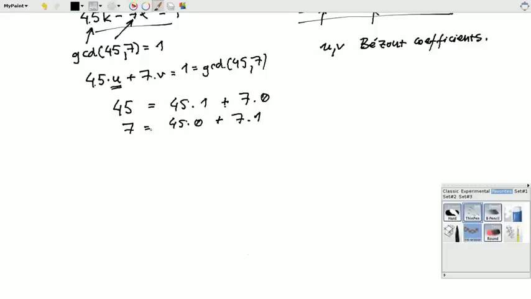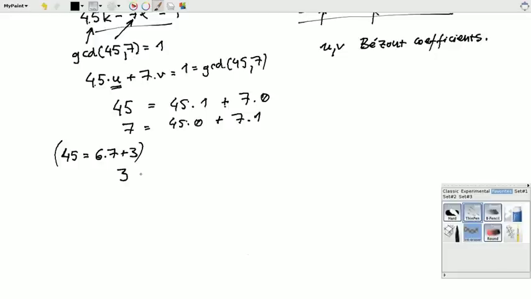Now, the first step of the Euclidean algorithm would tell us to take the remainder of dividing 45 by 7, which would be, let me compute for a second, that would be something like 3, because 45 is equal to 6 times 7 plus 3.